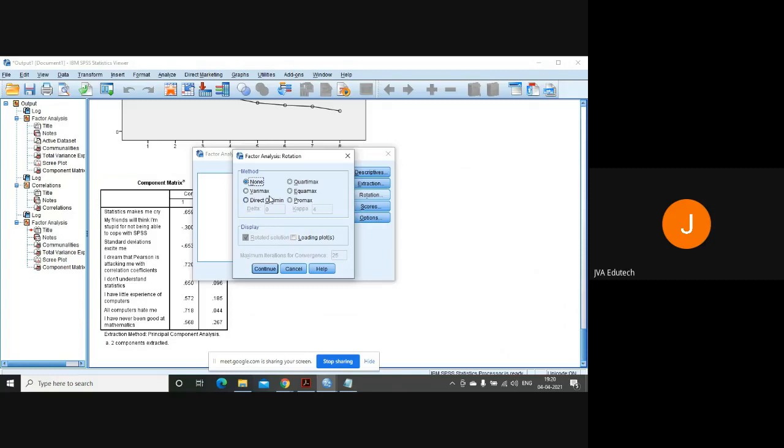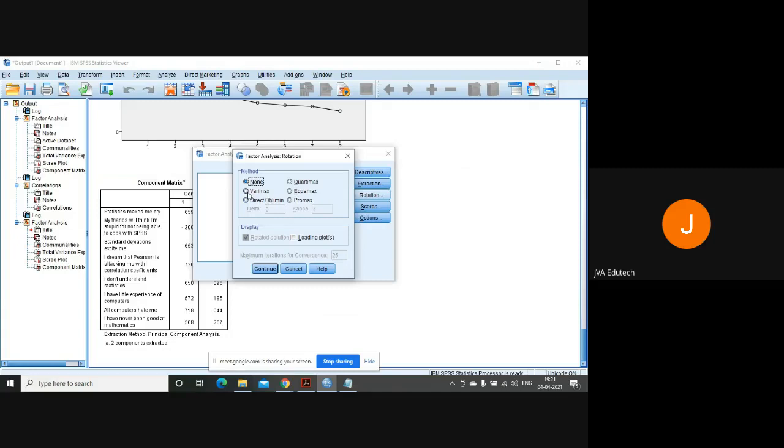So I have extracted my factors. Now, if I want to have better interpretability, or a more exact output, then I should go for rotation also, the second step, factor rotation. Now, this factor rotation has different methods. Overall, factor rotation is divided into two parts: orthogonal rotation and oblique rotation.